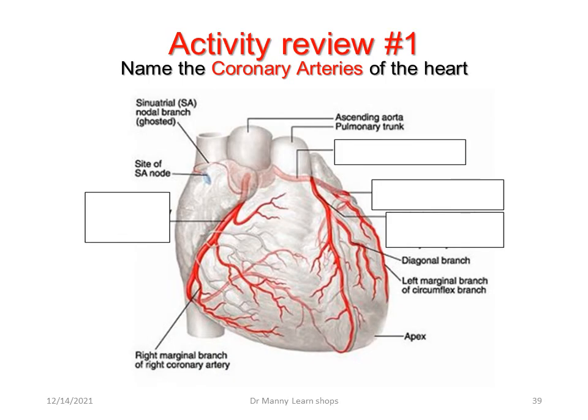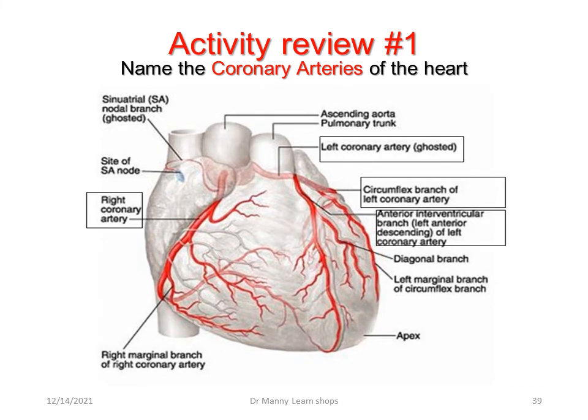So let's review. Can you name the coronary arteries of the heart? You can? Good. You've got the right coronary artery, the left coronary artery, the circumflex off the LAD, and you've got the marginal branches. And you have diagonal branches.